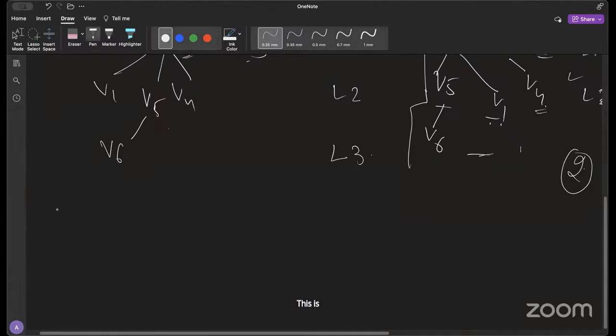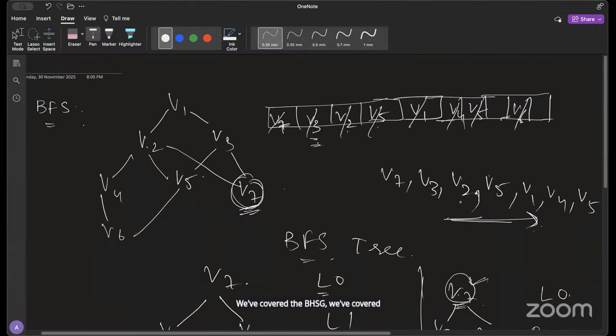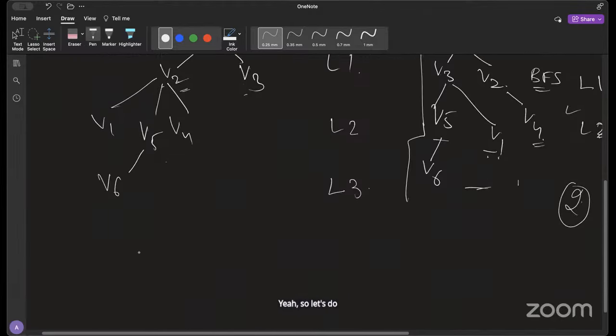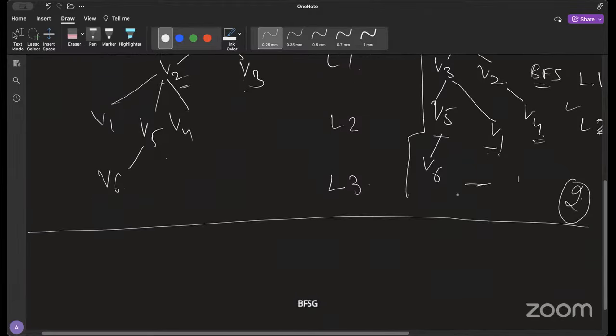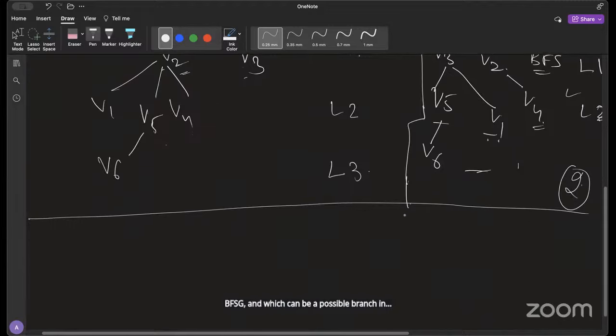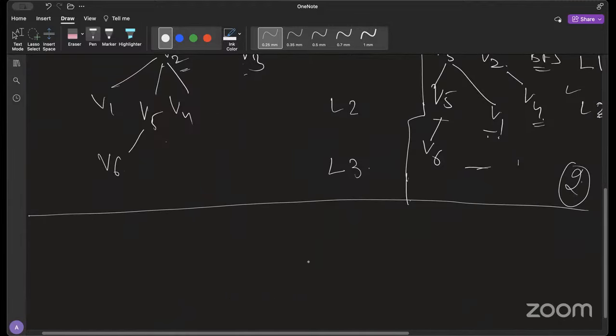So this is one example, and then we've covered the BFS tree. We've covered the algorithm using the queue. So let's do this thing then. BFS tree, and which can be a possible branch, which can be an edge in the original graph.